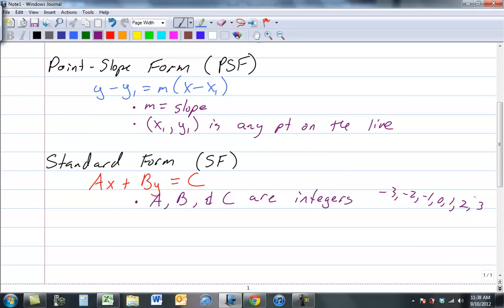No fractions, just whole numbers, but also includes the negatives and 0. The other thing is the leading coefficient must be positive. All right, so those are the three forms that we're going to talk about.